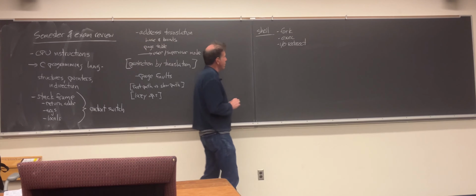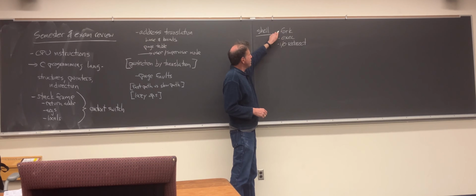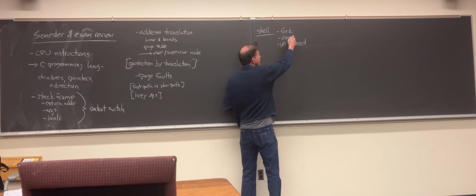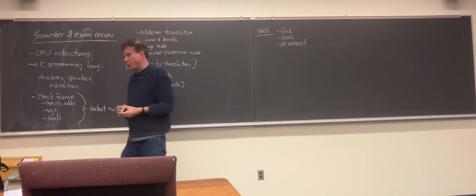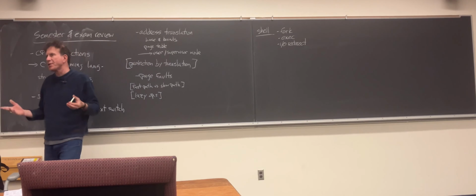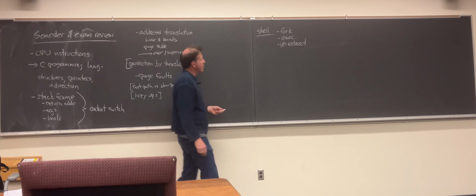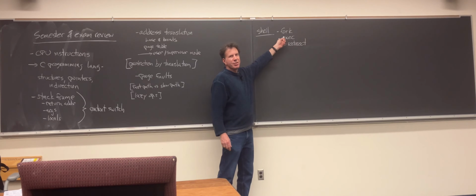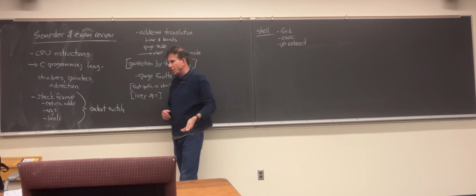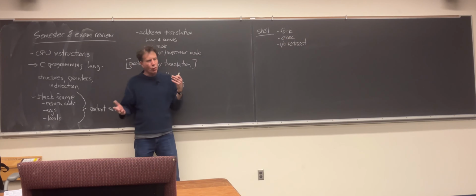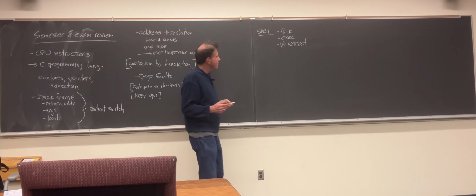Unix provides the fork and exec mechanisms to create a child process, which is a duplicate of the parent, and then to replace whatever the current process is running with a specified executable file, with the program from that file.